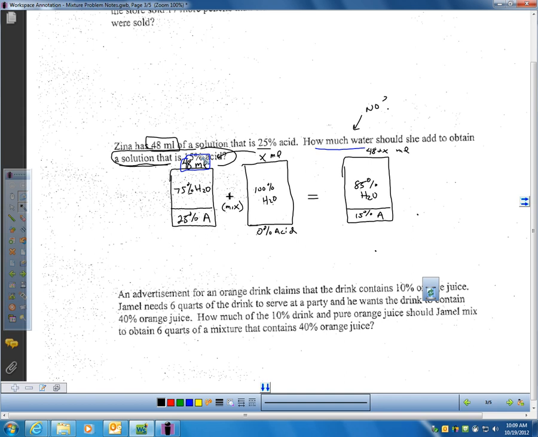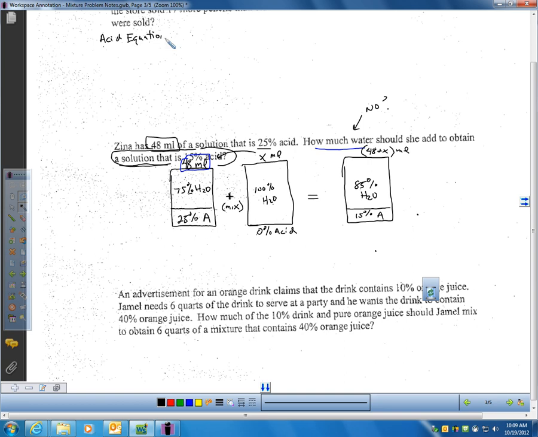I've added the 48 milliliters and whatever amount of this I pour in there, I'm going to now have a final container with 48 plus x milliliters. Now you have everything you need to write an equation and solve this. Now there's two ways we can write the equation. I'll do one in black, one in blue. Here's the first way. I'm going to write an acid equation.